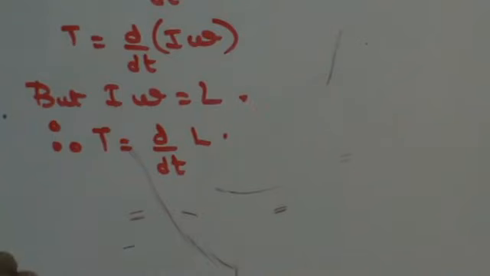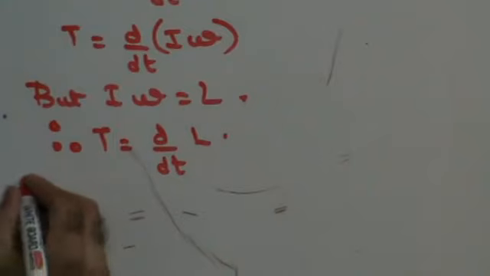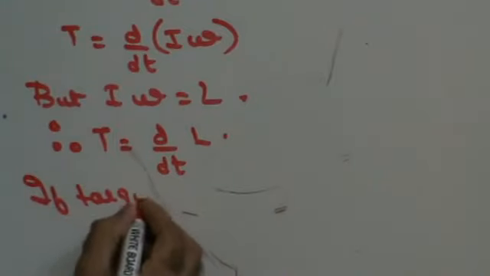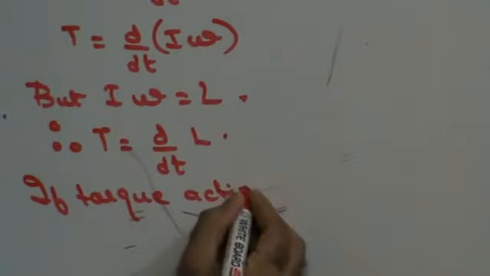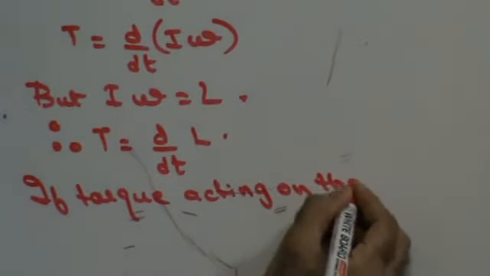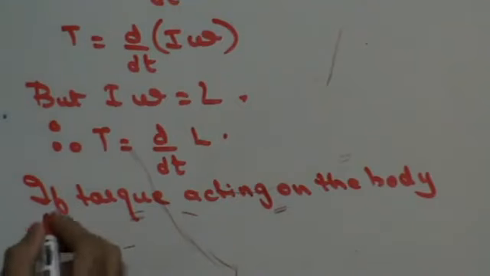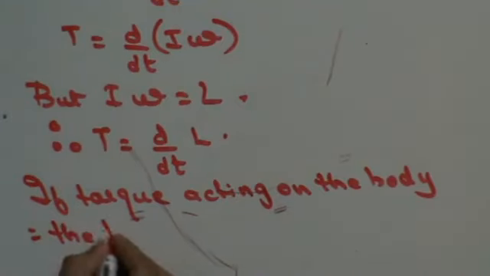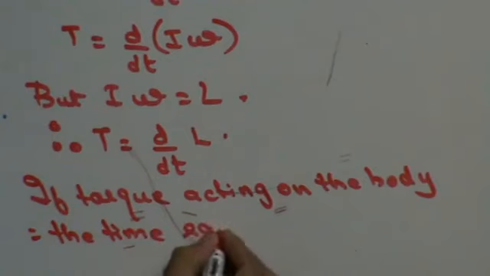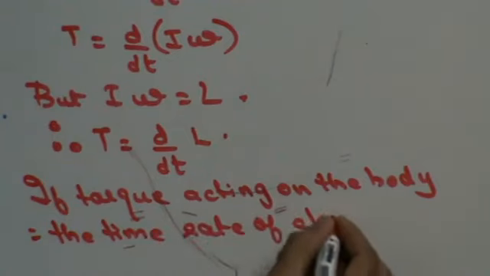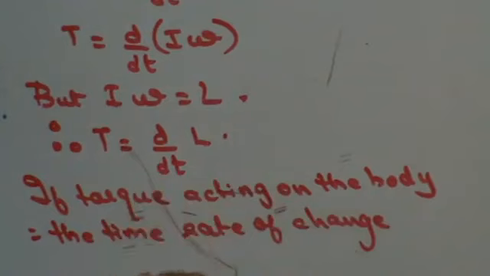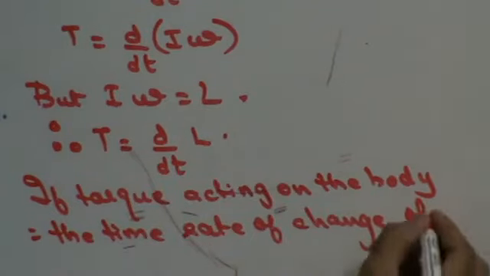And if angular momentum becomes constant, that means momentum is conserved. So I can say that the torque acting on the body is equal to the time rate of change of angular momentum.